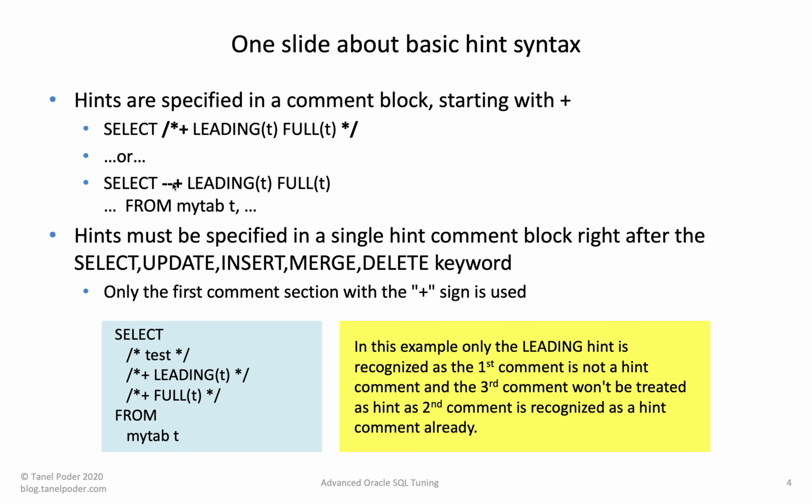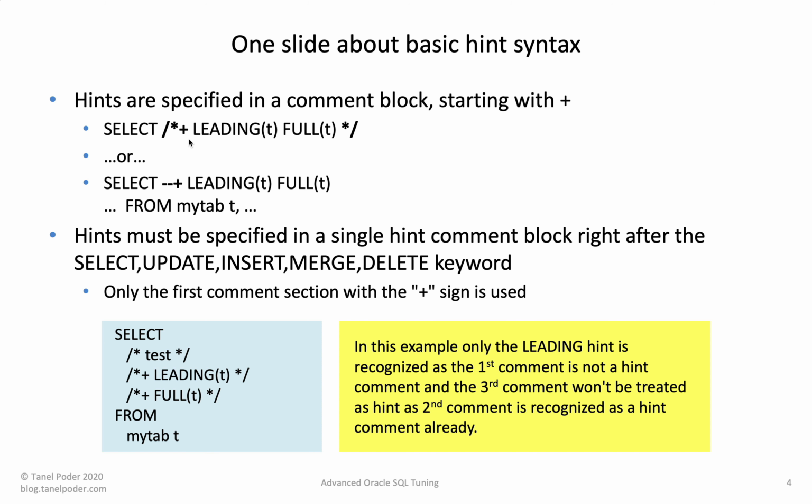And if that comment has a plus sign, then everything all the way to the end of the line is a hint. So you can add hints like this as well. This looks cool, but I don't like this form, because in the upper form I can clearly see where the comment starts and ends. This looks a little more like a hack to me, even though it works.